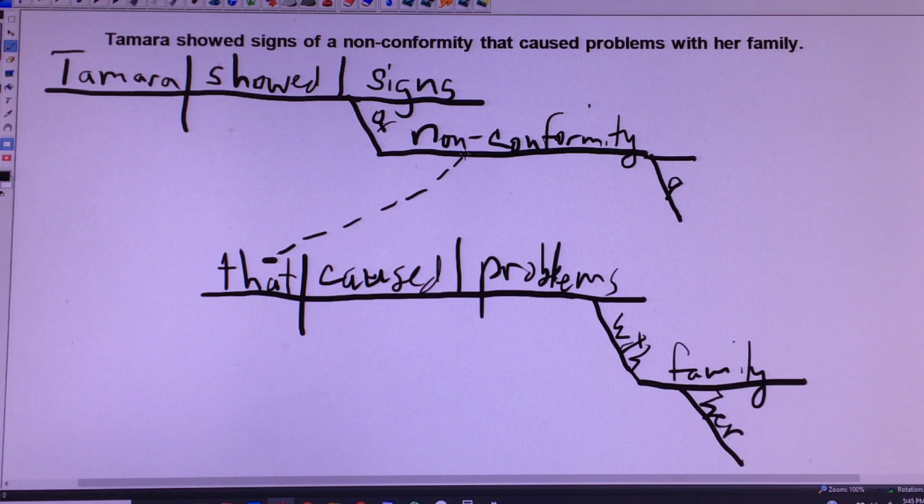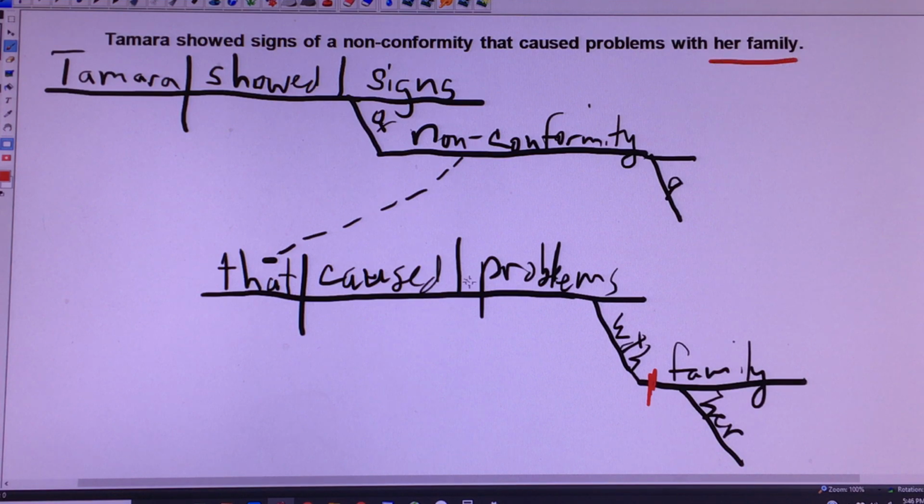And here, if we're talking about phrases, noun phrases, so let's talk about that first. We would, if we break the diagram here, before the noun family, that has something coming off it. That's our first noun phrase, her family.